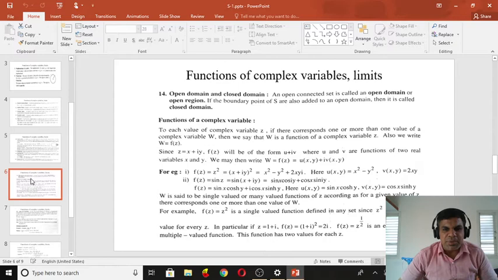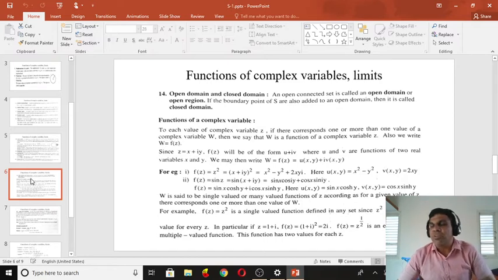w is said to be a single valued or many valued function of z according as for a given value of z, there corresponds one or more than one value of w.